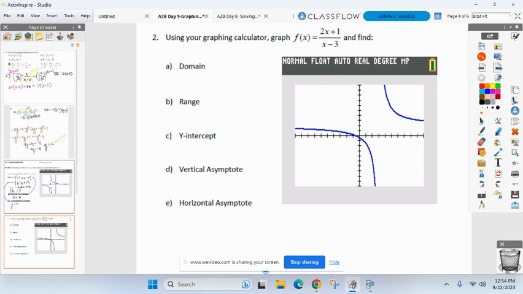For the domain, you can either look at your table or look at the graph and figure out what x coordinate has no graph above or below it. What do you see? Should be 3, right? The domain should be anything but 3. So x such that x cannot equal 3.